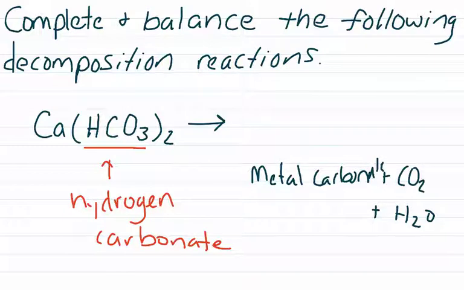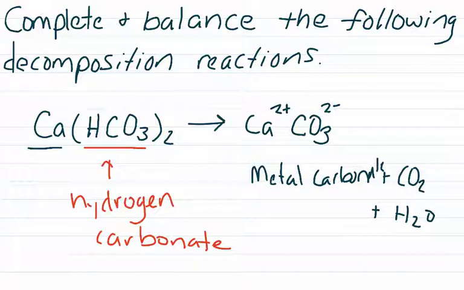So the first thing to do is to determine what the metal carbonate is. The metal carbonate means you find the metal, so in this case calcium is our metal, and you write that formula with carbonate. Carbonate, remember, is a polyatomic ion as well. It's CO3, 2 minus. Since calcium is a metal and carbonate is nonmetals, this is an ionic compound, so like always, we need to make sure that this compound is electrically neutral.